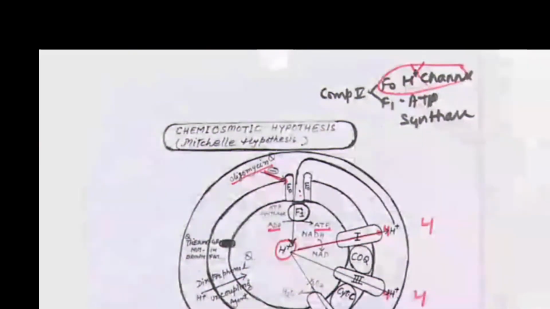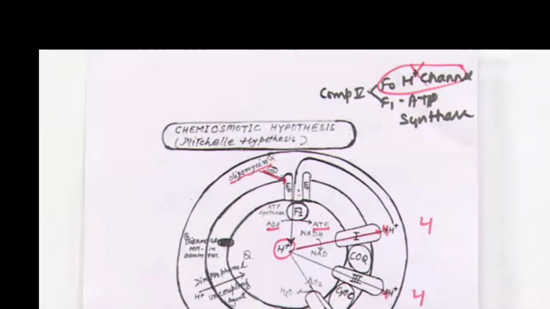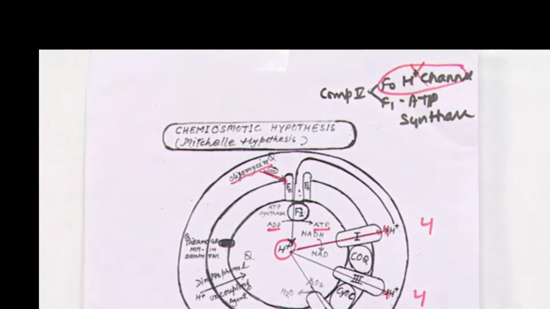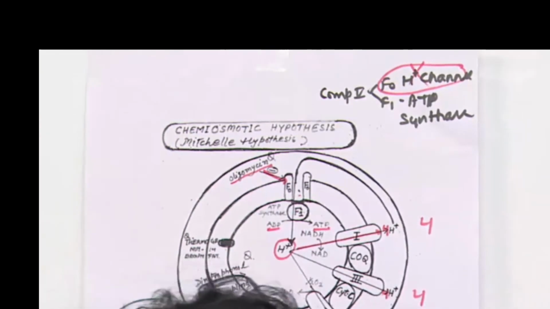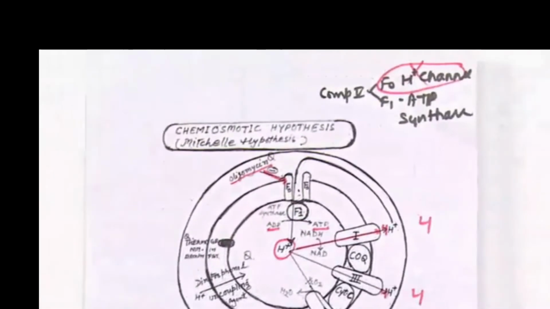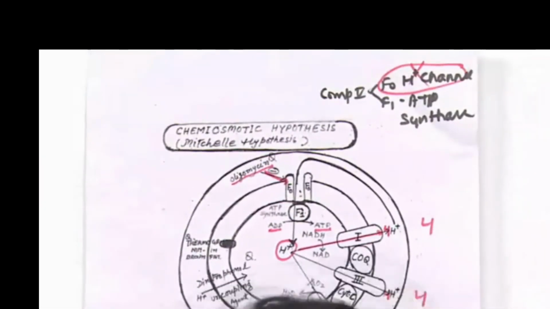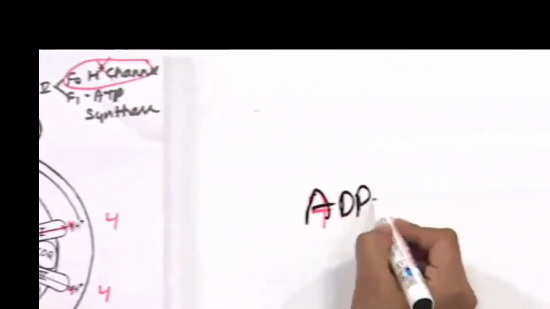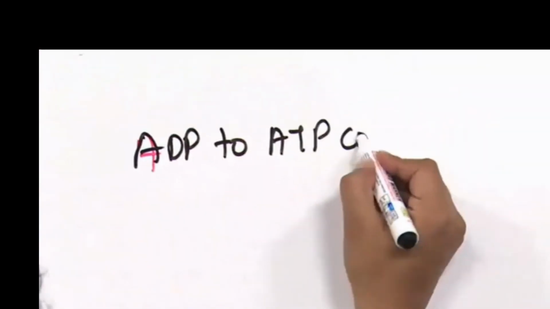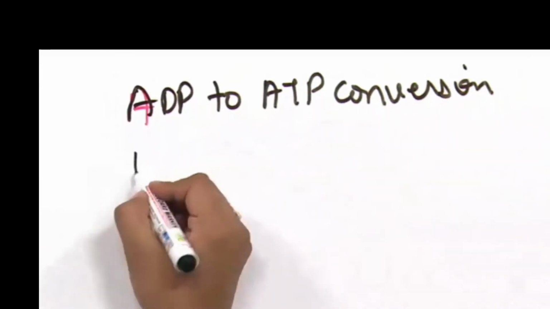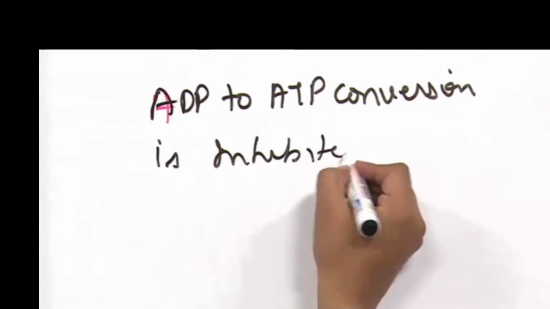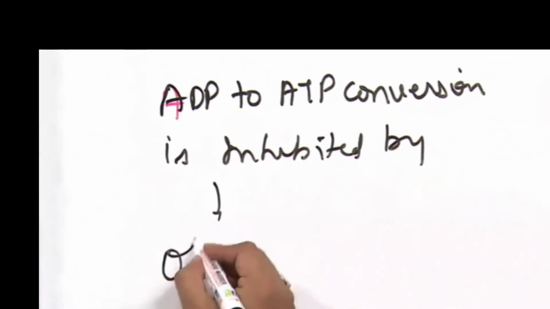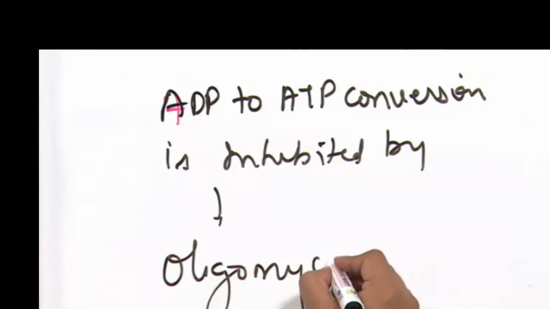So question is asked, ADP to ATP conversion is inhibited by oligomycin.